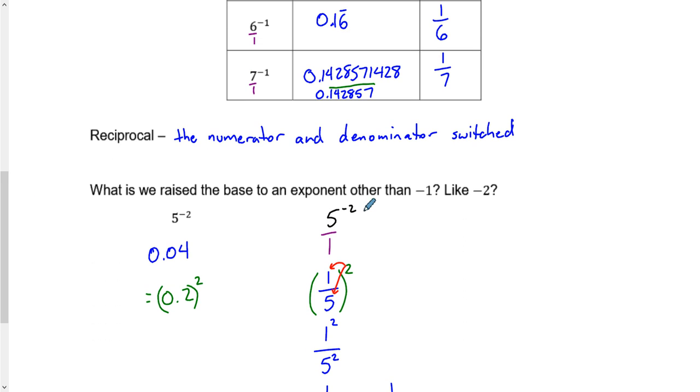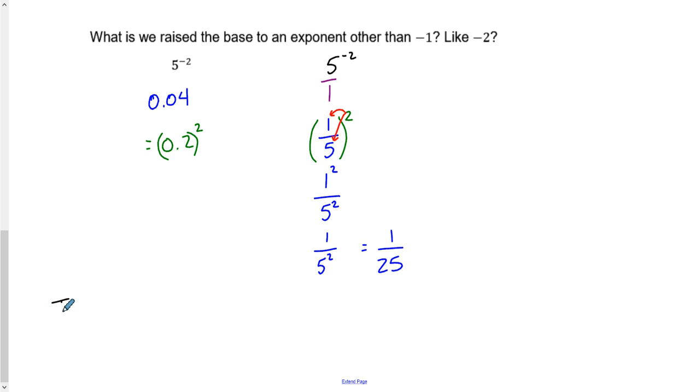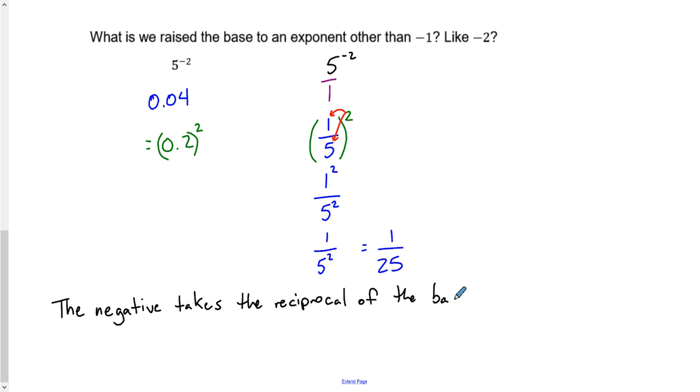If our number is different than -1, so let's put it all together. The negative takes the reciprocal of the base, and the negative is removed.